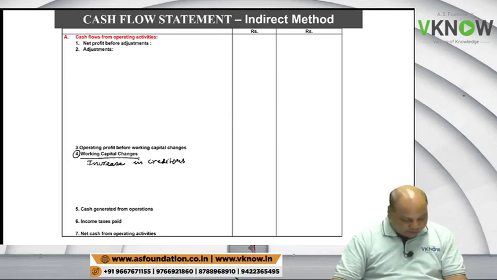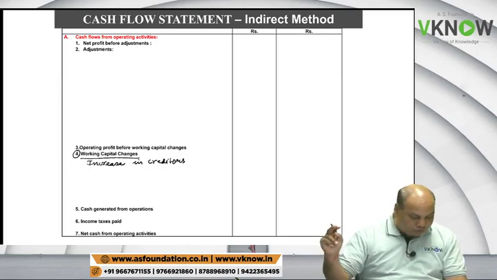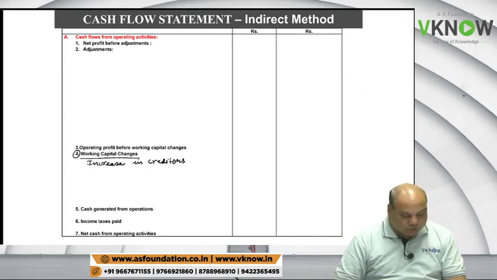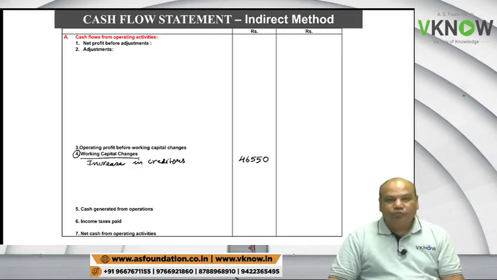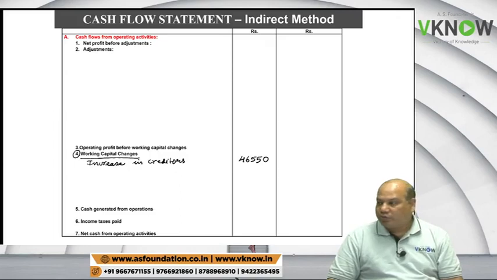Take the difference between 2,98,000 minus 251,450. So this should be 46,550. Increase in creditor, increase in cash flow.